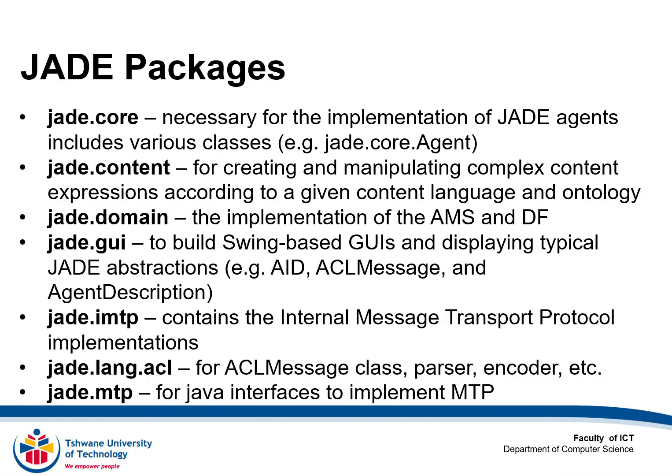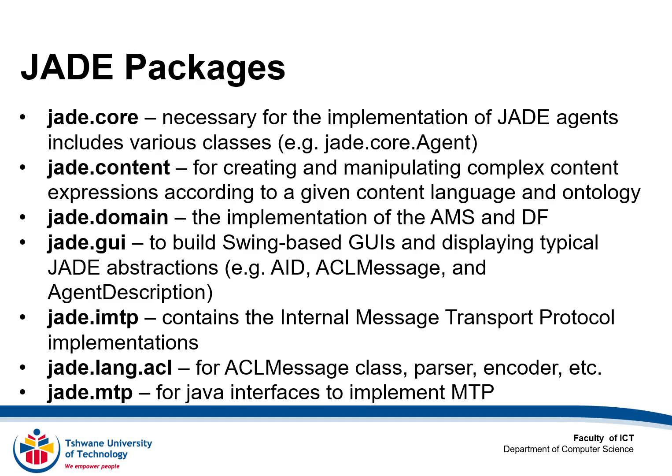When you look a bit into Jade packages, you by now should be aware of Jade.core, which is perhaps the most important package for one doing development on Jade, because you require that to implement any Jade code. There's also Jade.content, which is important for being able to create and manipulate complex content expressions.